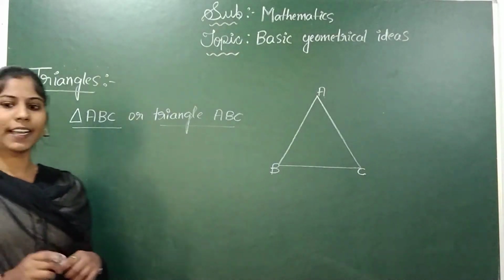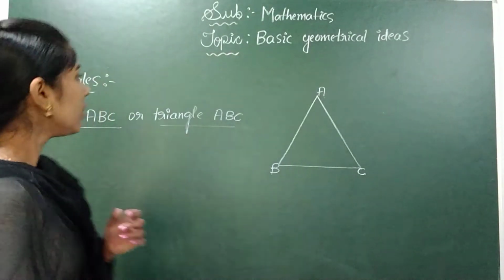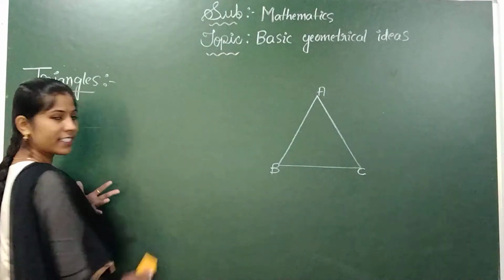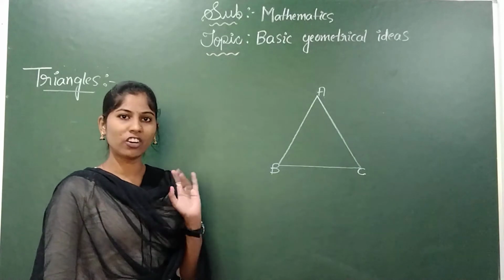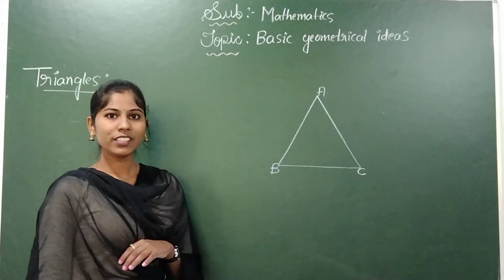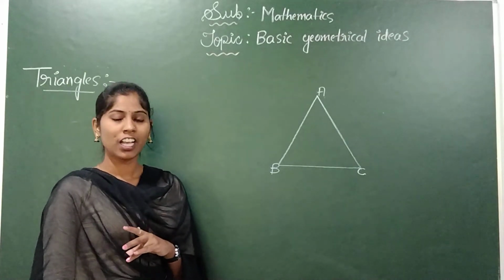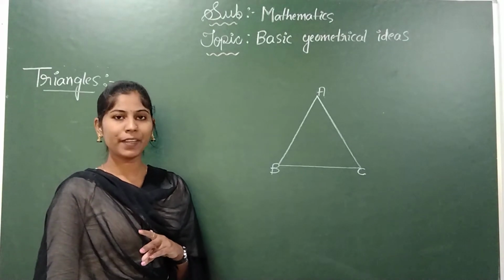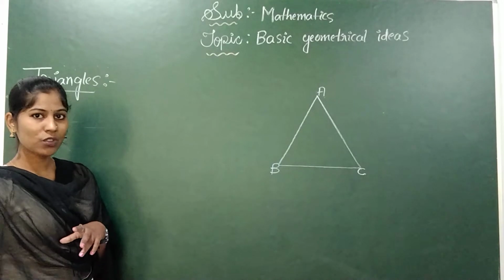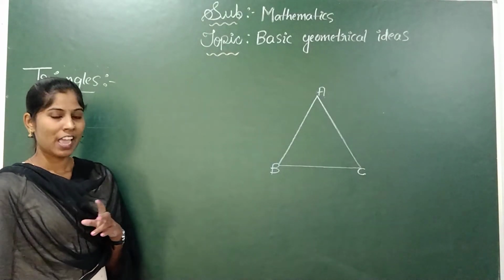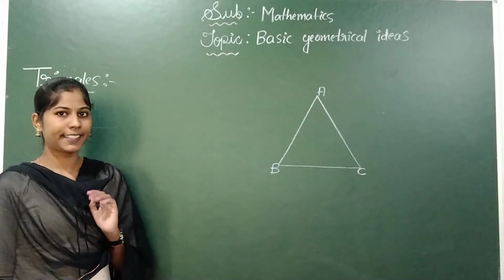Here, what are the sides of this triangle? As we already learnt the sides, vertices and diagonals in polygons, we know that a side is nothing but a line segment forming the polygon. The line segments that form a polygon are called sides.